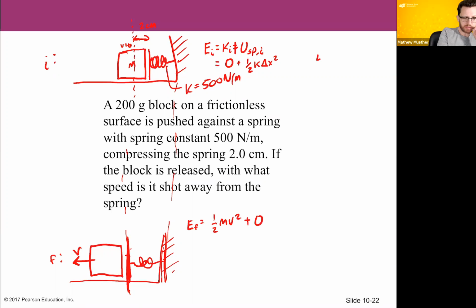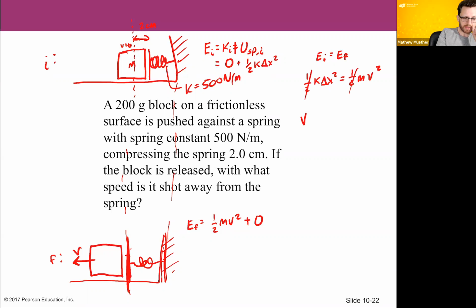Conservation of mechanical energy tells us that the initial system energy has to match the final system energy. So I end up with 1/2 k delta x squared equal to 1/2 m v squared. The halves cancel out.